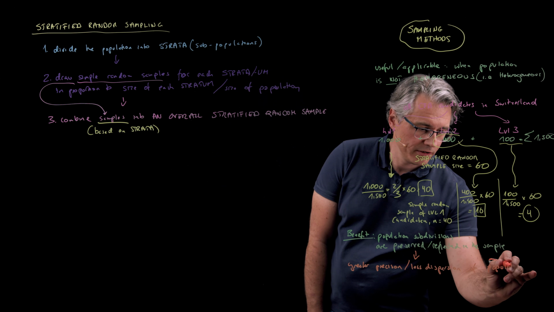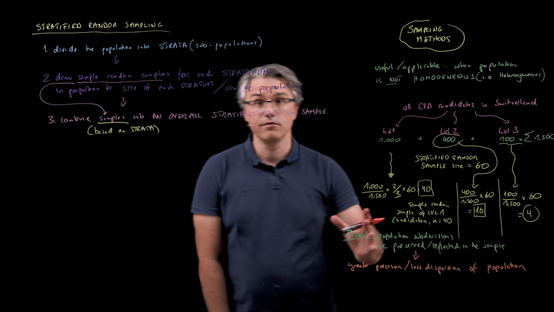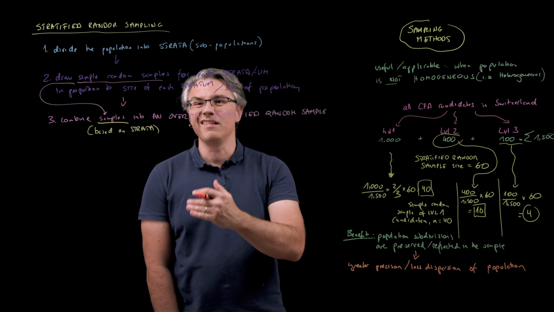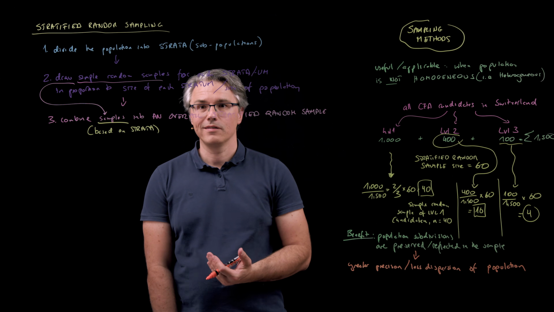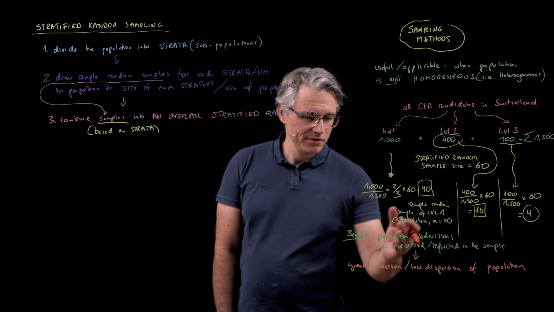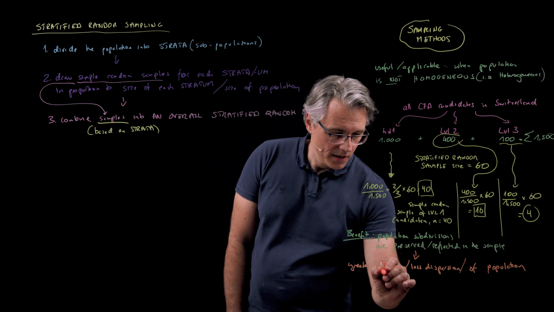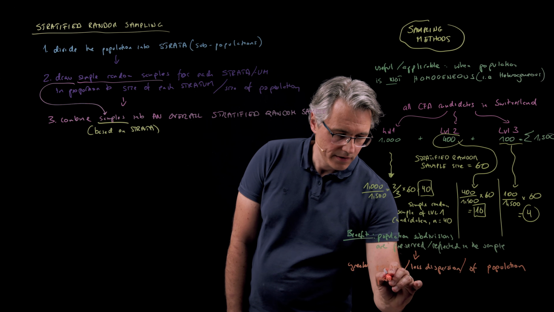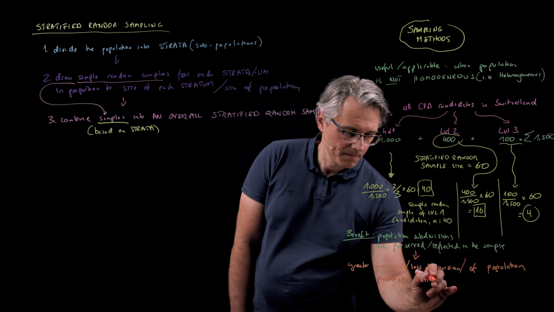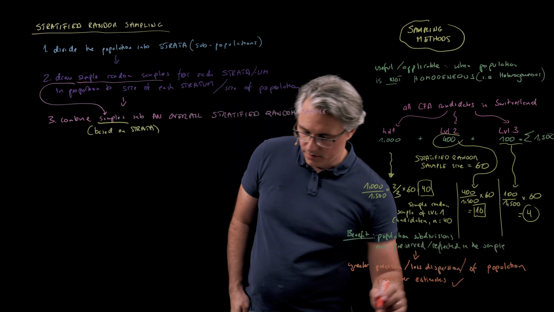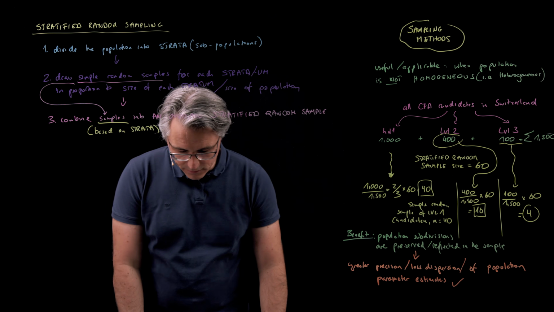Because remember, we're doing this, we're sampling so as to make conclusions, inferences, judgments, estimates about the true population values. So when you do this, you get greater precision, less dispersion of population parameter estimates, which is a good thing, greater precision or less dispersion variance.